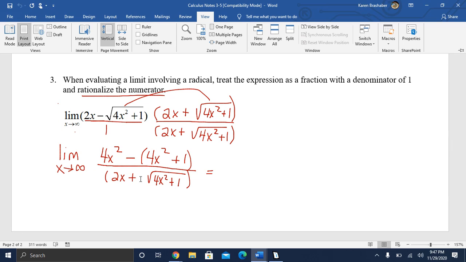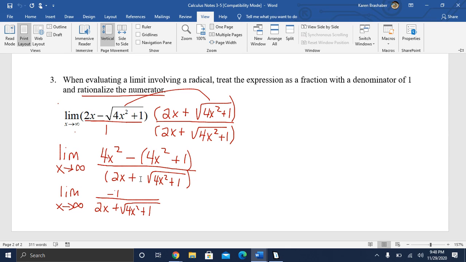And so then we can combine like terms. So if we do this, we'd have the limit. Actually, I'm going to come down here. As x approaches infinity, the 4x squared minus the 4x squared would go away. We'd have -1 over, and then we'd have 2x plus the square root of 4x squared plus 1. And actually, right now we have -1 over, so we have a constant over something with x's in it.